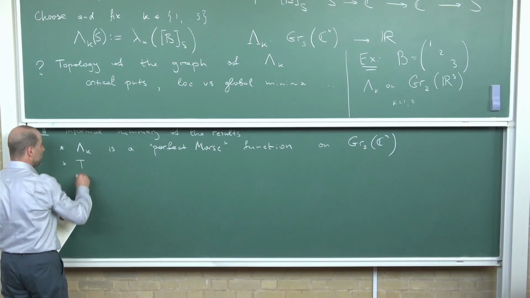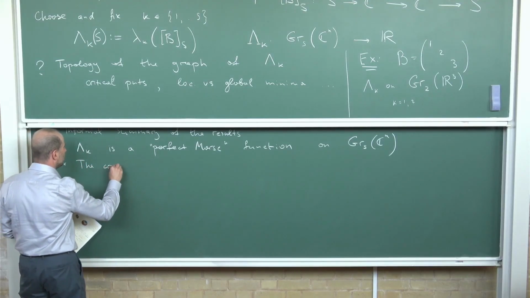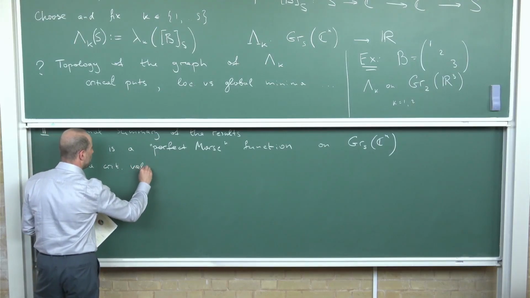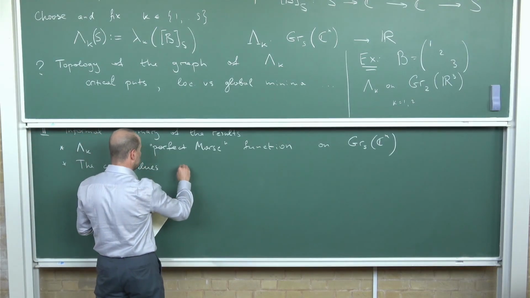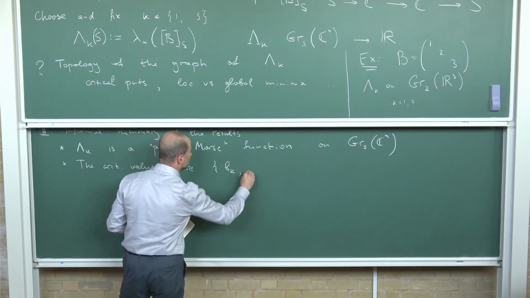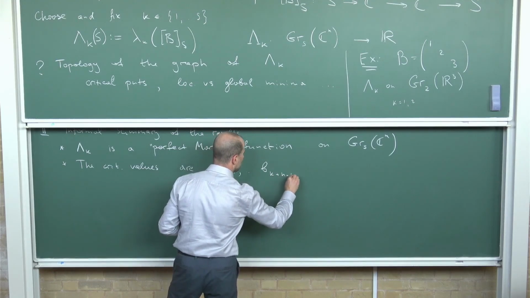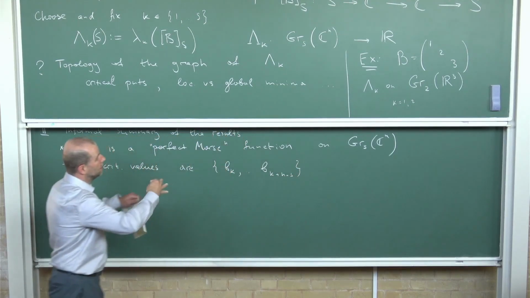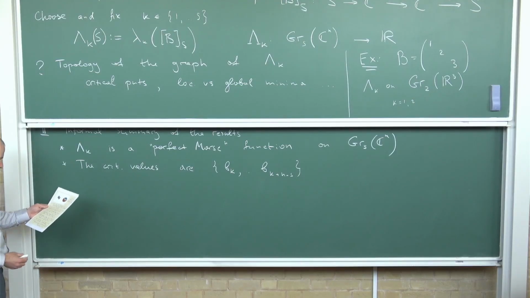The critical values, the values where it's critical, probably don't come as a surprise now that we've seen the picture, are exactly the eigenvalues of the original matrix, those that lie in this range where the function lives.